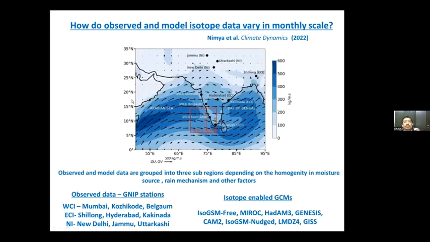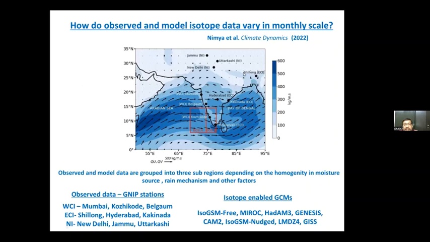Now, after daily and weekly, the last study is on the monthly scale. How do observed and model isotope data vary on the monthly scale? Here we considered not our own data, but data from the observatory of the International Atomic Energy Agency.